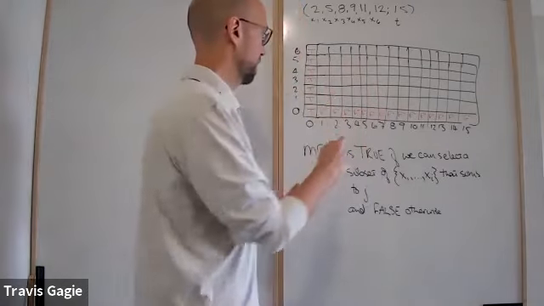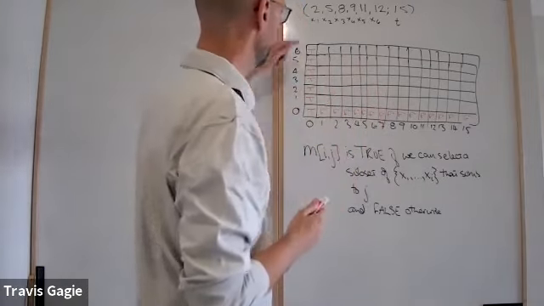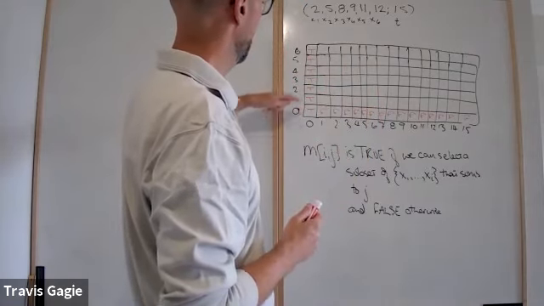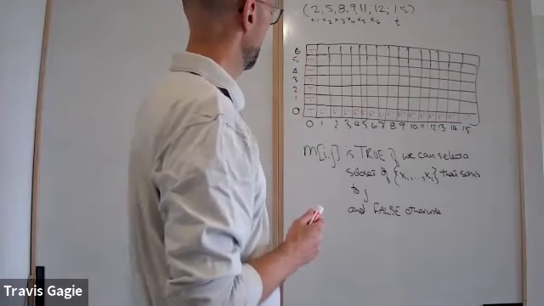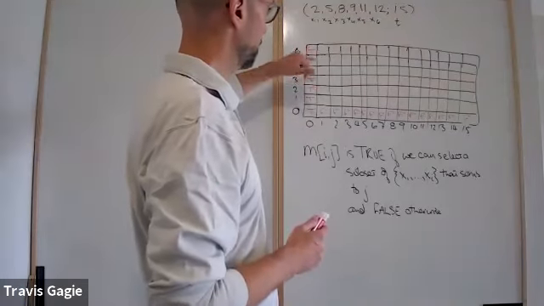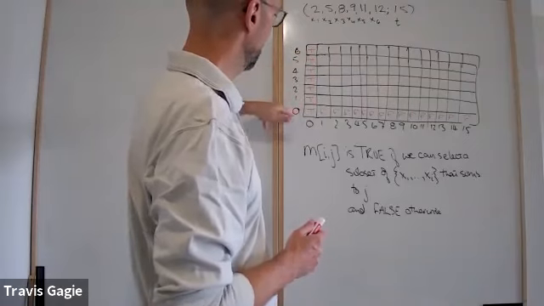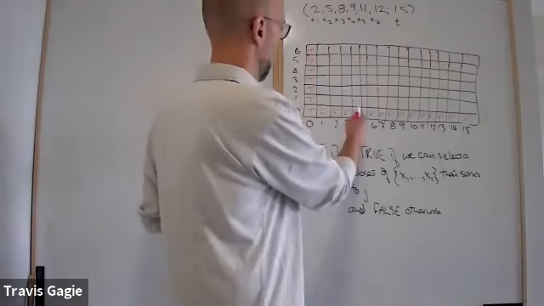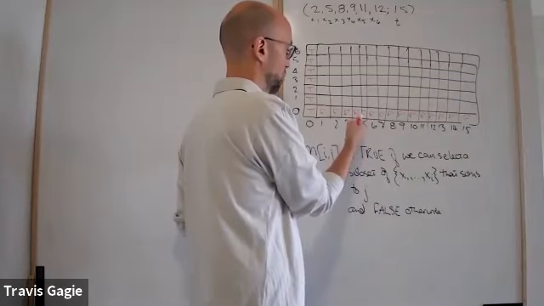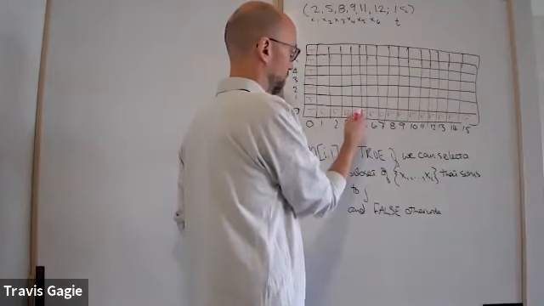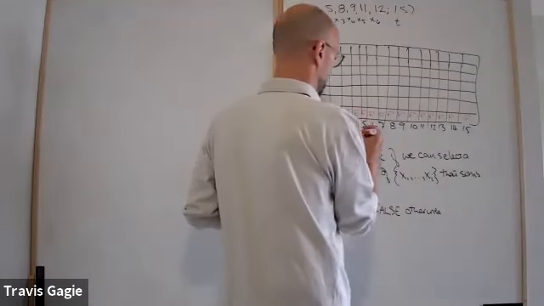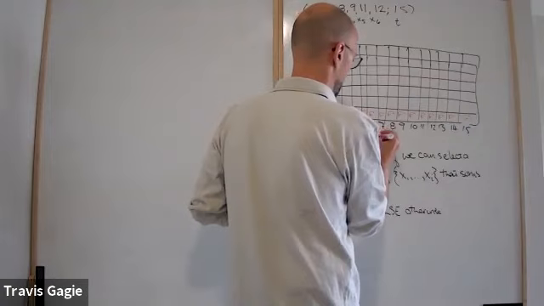Usually you count down, and I've accidentally done it counting up. In the lecture notes, I'll do this properly and switch it around. But let's say that this is 0, 4. So this cell is 0, 4. This is M 0, 4.